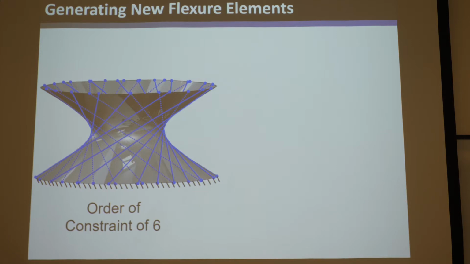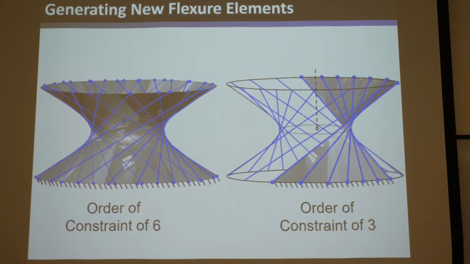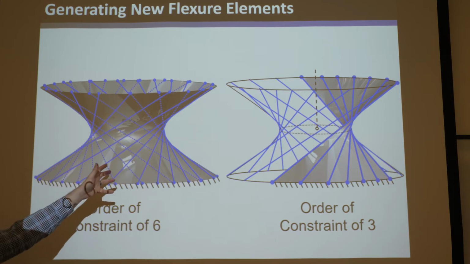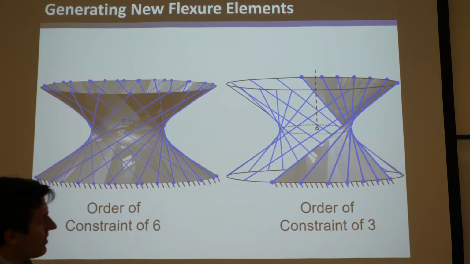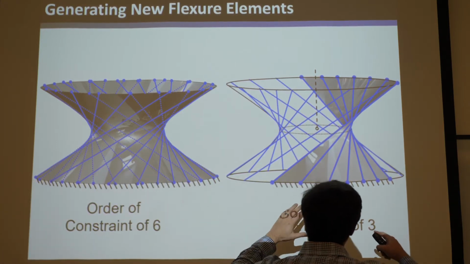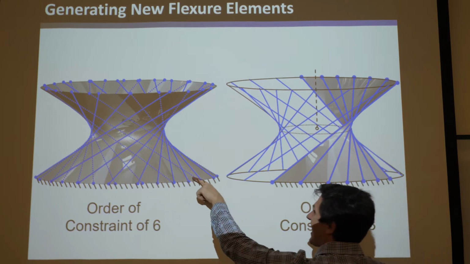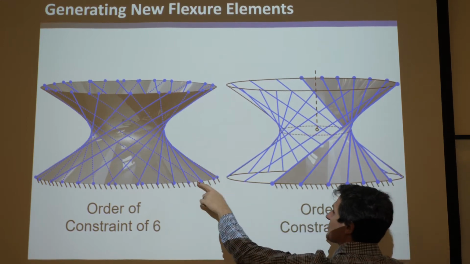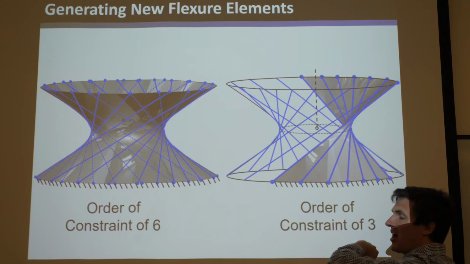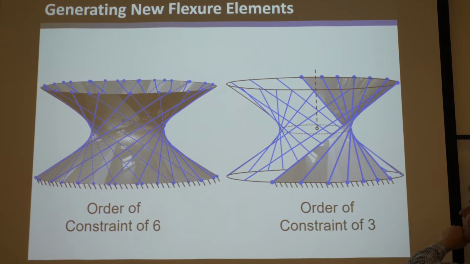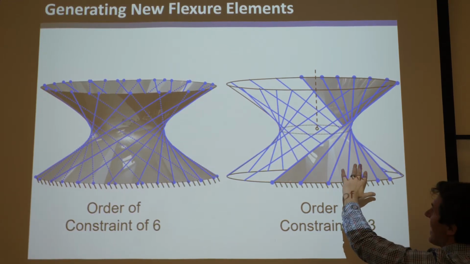But if you cut this shell open, and you make sure that you cut it such that there's no blue line in the remaining geometry from the other set, the dotted set, then you're only accessing one set.